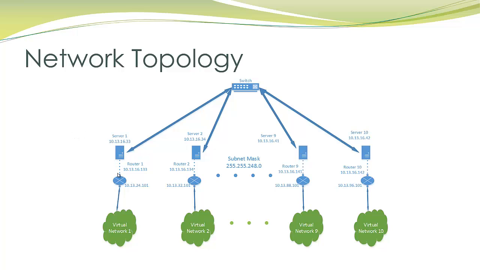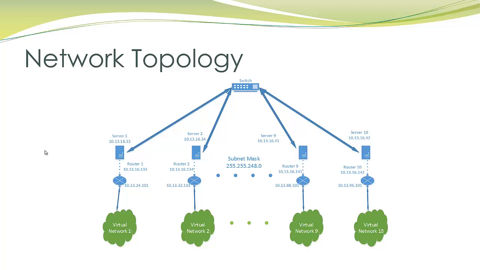So these routers have separated the subnet into a few. For example, router 1 has separated the 10.13.16 subnet from the 10.13.24 subnet, and the second router has the 10.13.32 subnet, etc. The ninth router has the 10.13.88 subnet, and finally the last one has the 10.13.96 subnet.